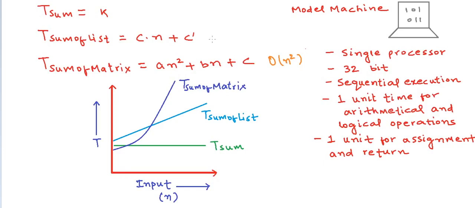Similarly, all the functions like linear functions like cn plus c dash would be defined by O(n). So O(n) is the set of all the functions of this particular form. All the functions of the form time is equal to some constant belong to the set O(1), and this is the same big O notation that we have been talking about all this while.